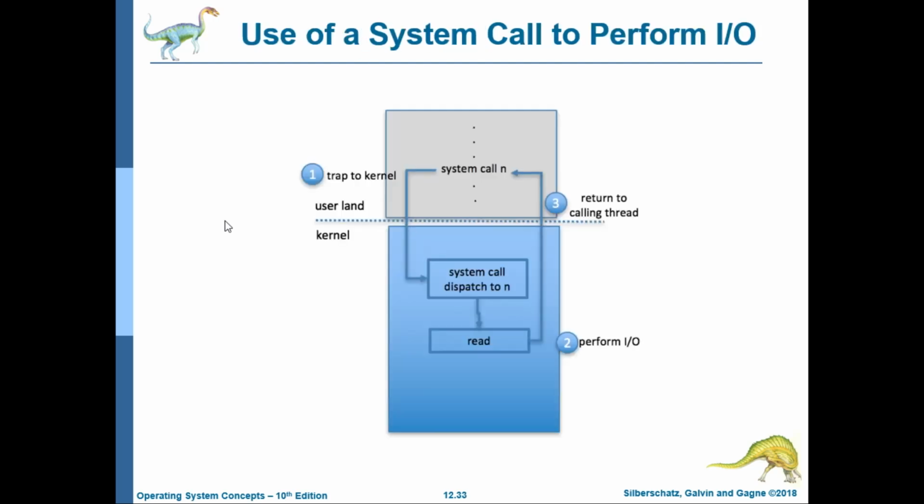Okay, next is an illustration of the use of a system call to perform I/O. Number one is trap to kernel. If there's a trap to kernel, there's a corresponding system call, for example, called N. From user mode it will go to kernel mode, and the system call dispatches to N, whatever the system call is, and then it will read here.